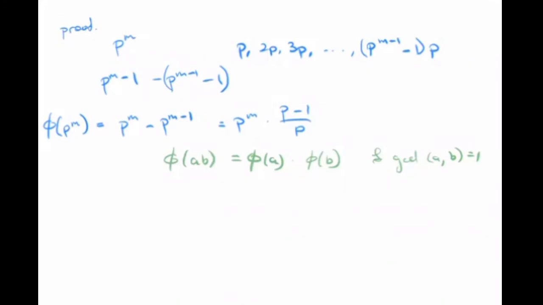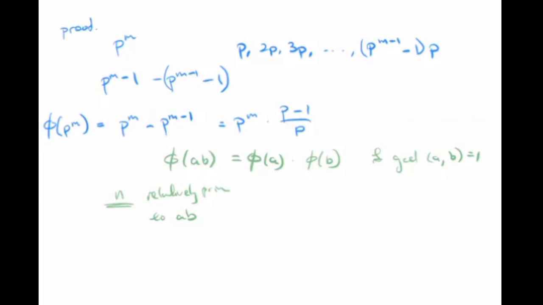So basically, if we have some N that's relatively prime, we consider these N's, which are basically residues modulo AB.